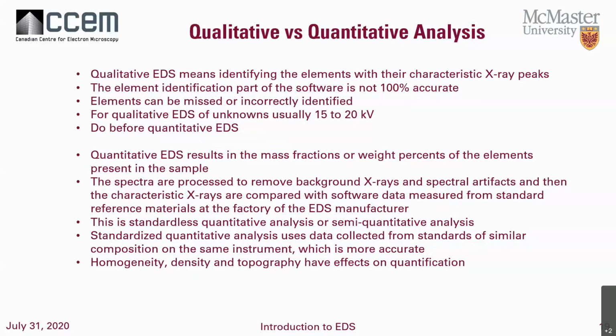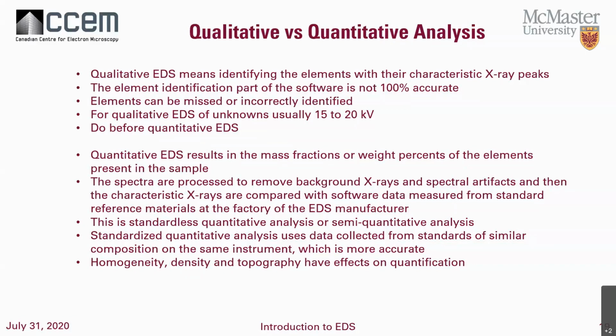Also, there is a problem sometimes with peak overlap. There are certain peaks from different elements that do overlap, so we sometimes have problems differentiating between those elements, or a particular element might get buried under another peak.